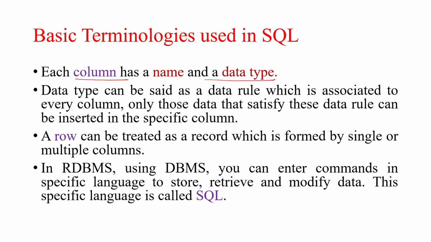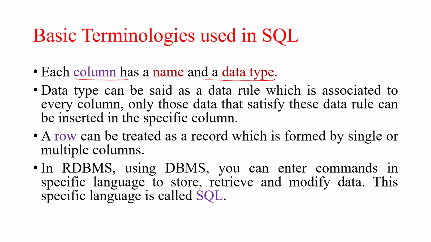We can assign different names and different data types, and the data type can be set as a data rule which is associated with every column. Only data that satisfies this data rule can be inserted into a specific column.